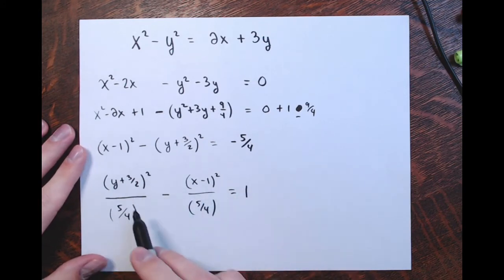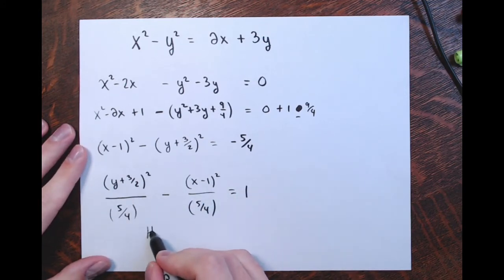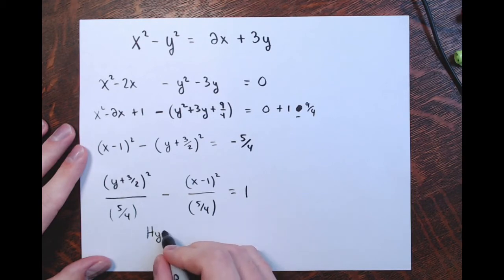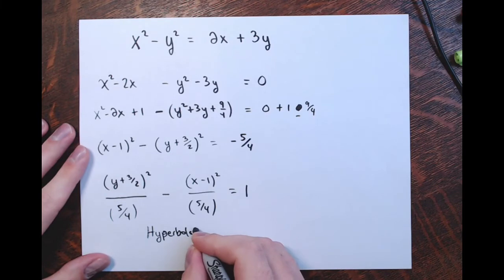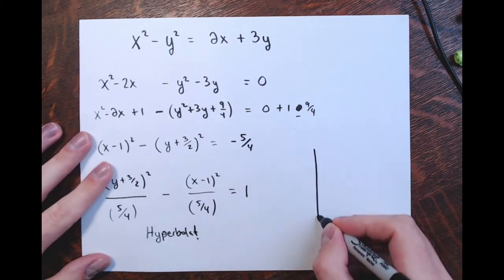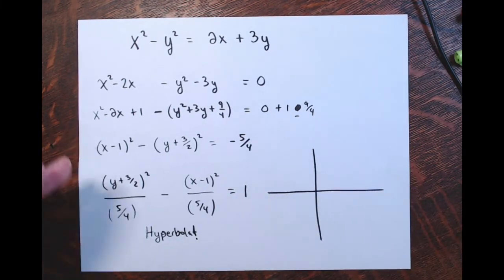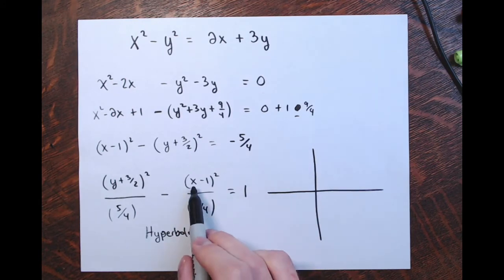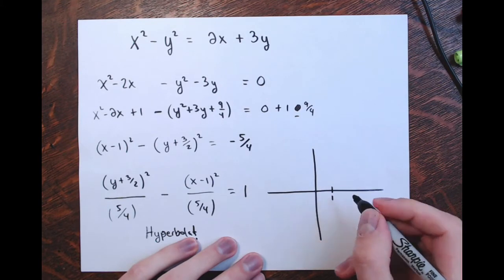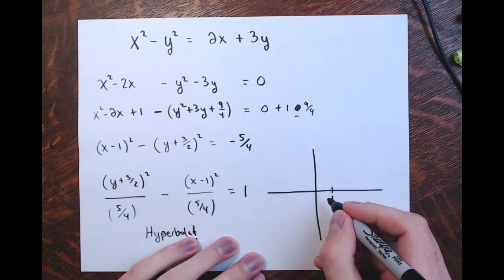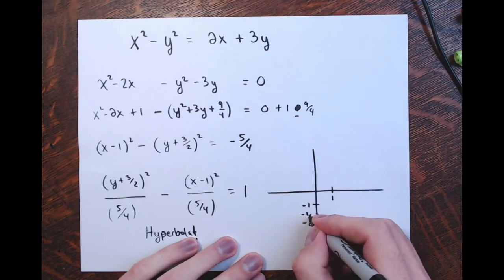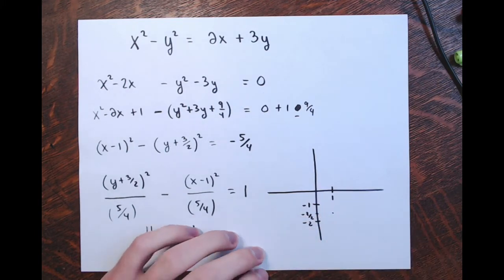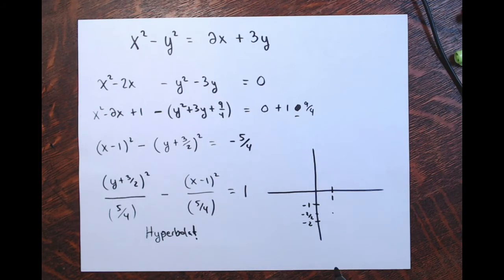This is the general equation for a hyperbola. I'll bring up the graph on the desmos.com website, but the center would be 1 for x, negative 1.5 for y. There's the center of the hyperbola.